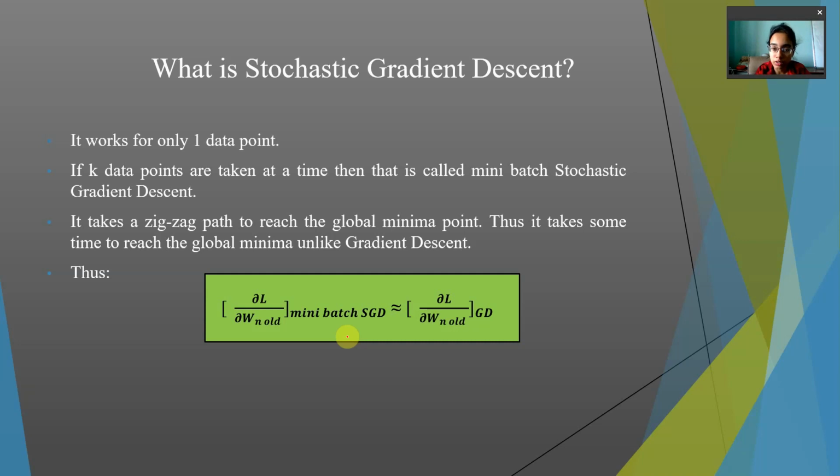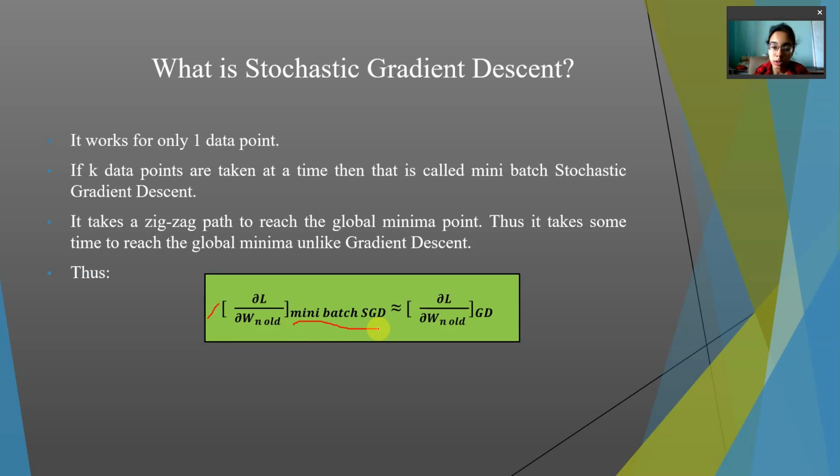Since time is consumed in gradient descent for loading the data points in our data set, we can write that del L by del W of mini batch SGD will be approximately equal to del L by del W of gradient descent. Why?